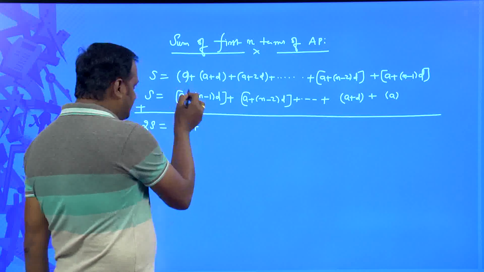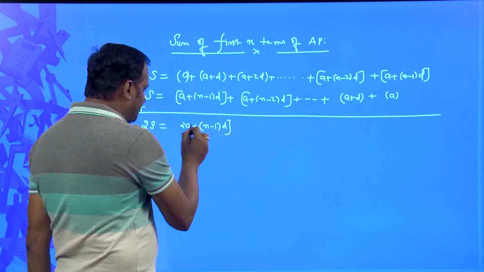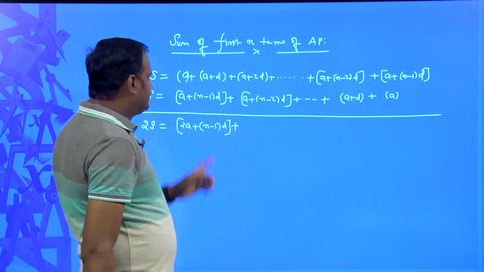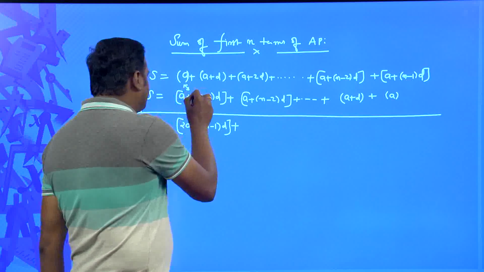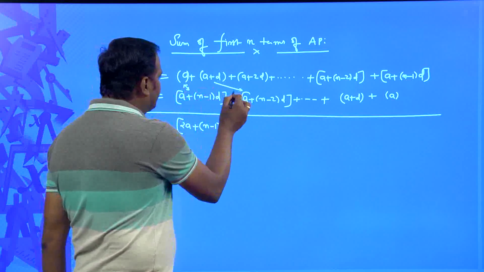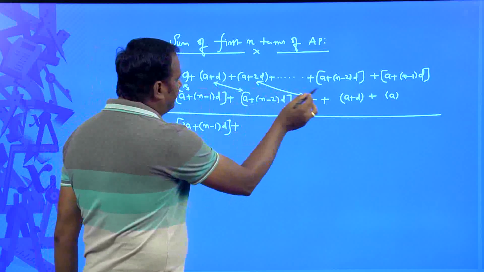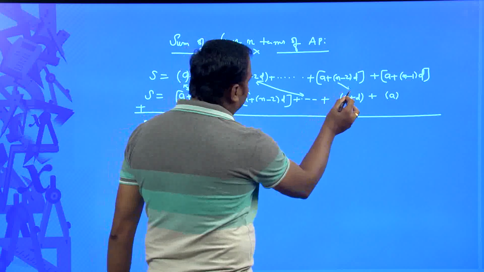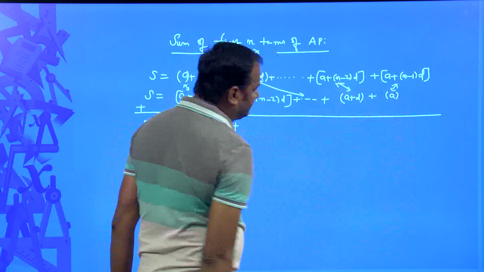Since there is no D term in the second one, we get n minus 1 times D, plus second term to second term. See, this is first term to first term and second term to second term, then third term to third term, and then last second term to last second term, and then last term to last term. This is the way of adding the terms.